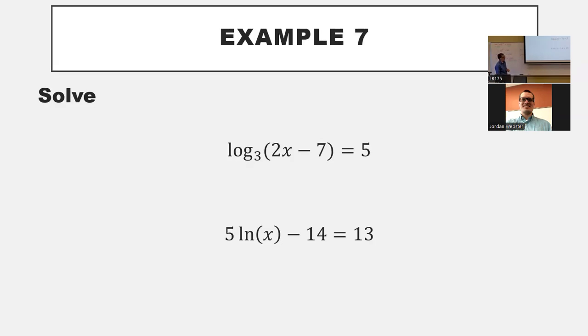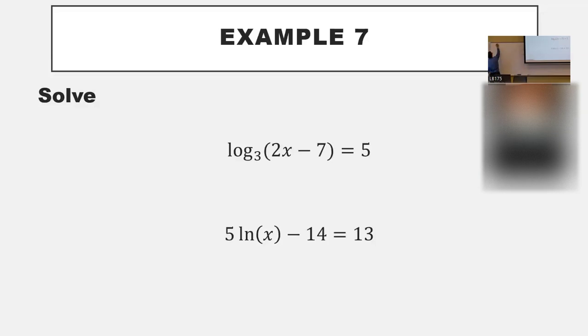And if we're talking about raising things to a power, then we're raising things to a power. Let me give you a couple of examples of what I mean by that. So we have log base 3 of 2x minus 7 is equal to 5. And then we have 5 times the natural log of x minus 14 is equal to 13.